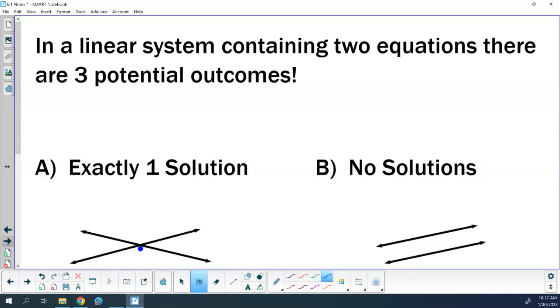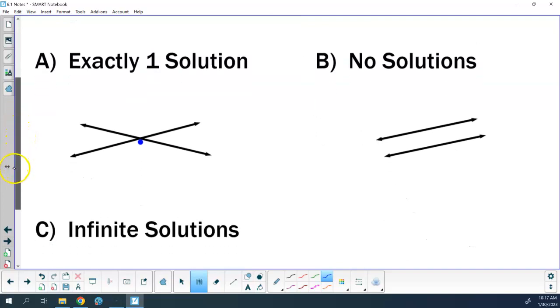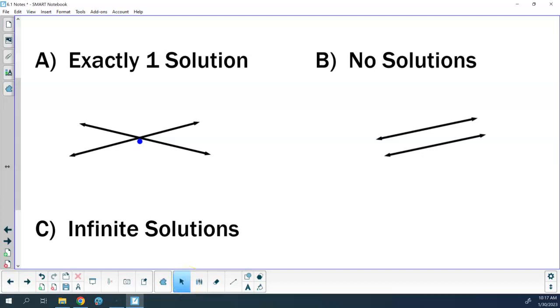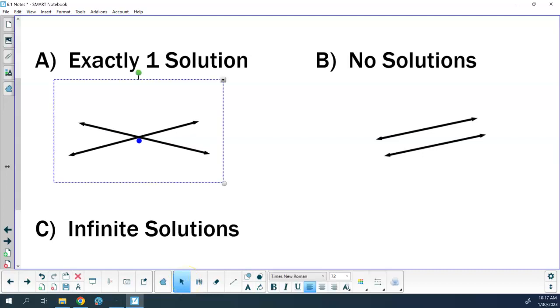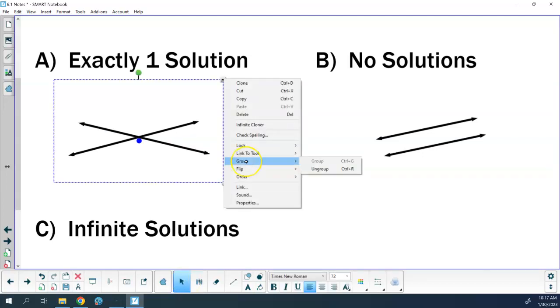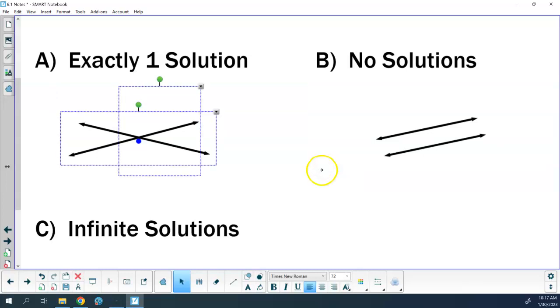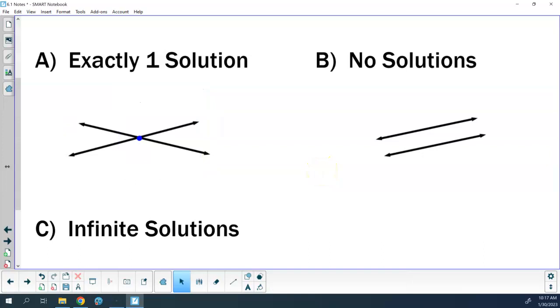Okay. How that looks, oops, for some reason my dot didn't work. Okay.